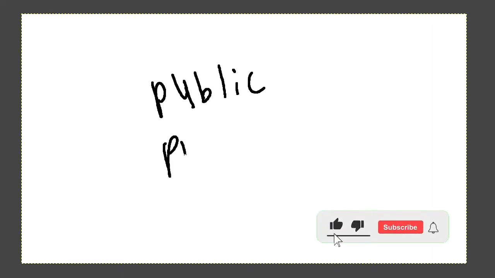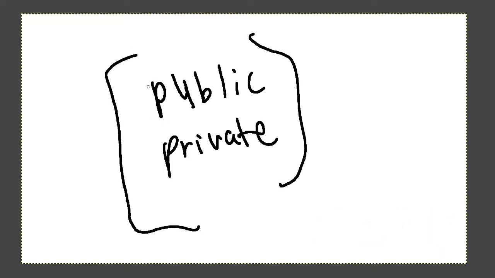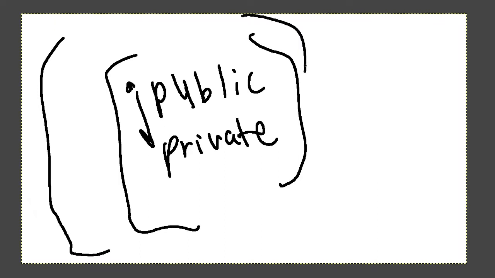A lot of times there's a concept of public and private, which basically says what has access to what. Say you're in the exact same scope as something, anything in that scope is public to you. But if you're in a different scope, to be able to access something from here, it has to be public.